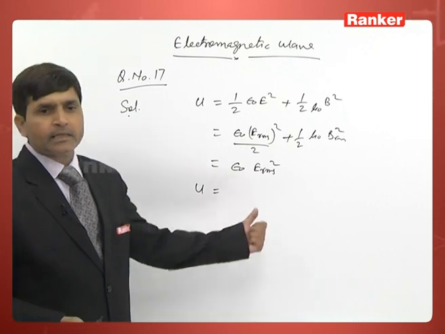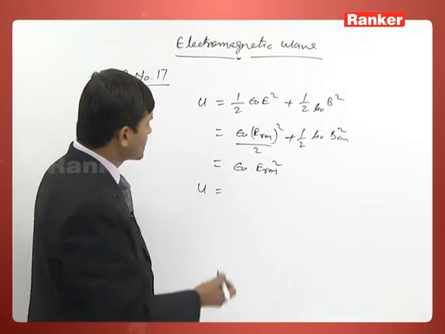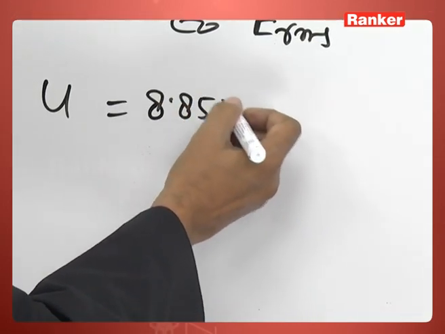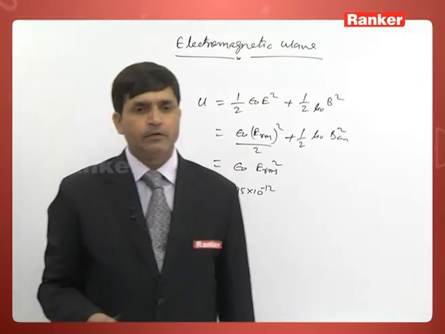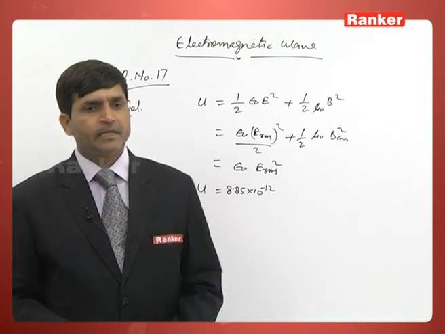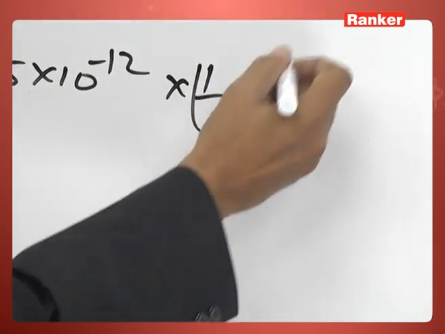So here the amplitude of the electric field is given as 1 volt. The epsilon naught value is 8.85 into 10 to the power minus 12, and E RMS is the electric field 1 volt divided by root 2, squared.